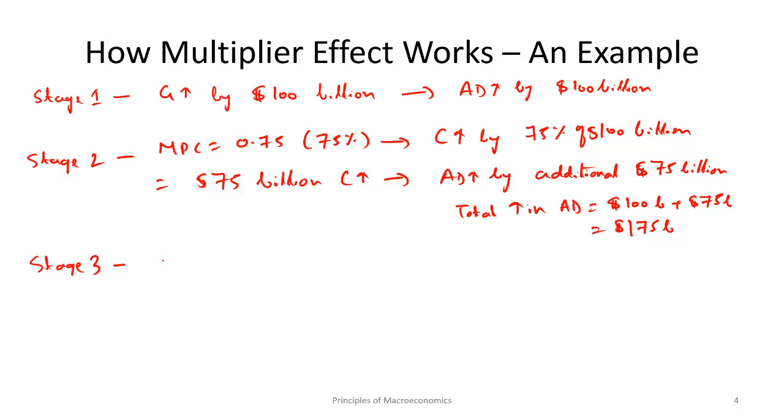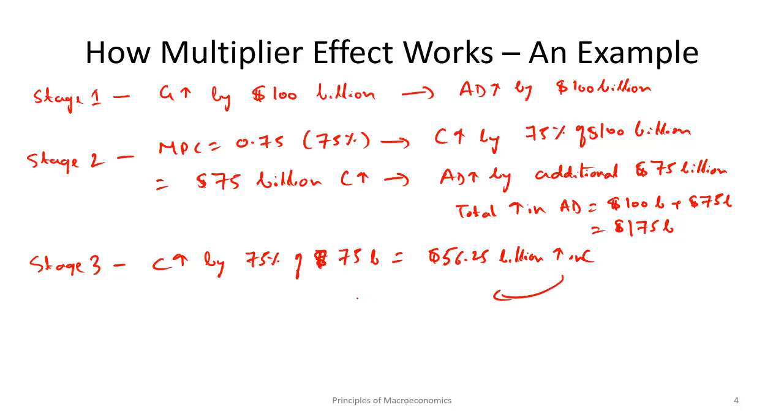So in stage 3, C increases by 75% of $75 billion, which is equal to $56.25 billion increase in C. Now this will lead to an increase in AD by $56.25 billion.